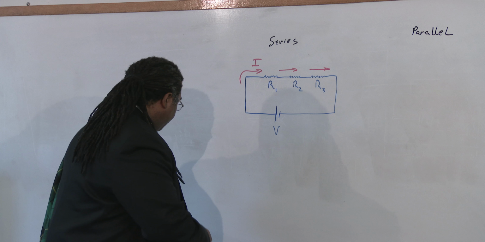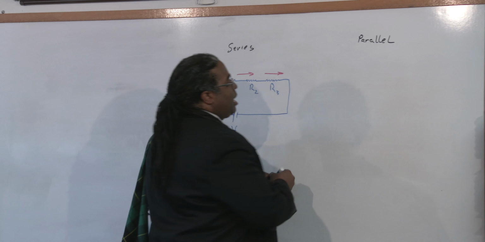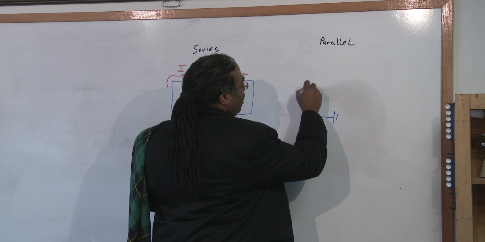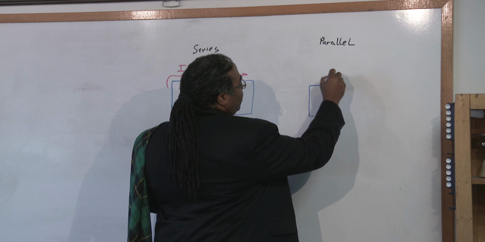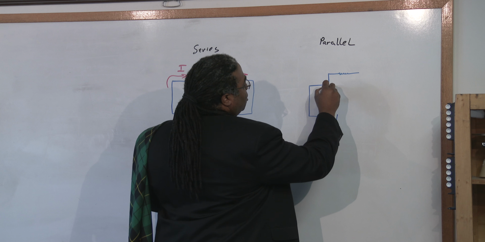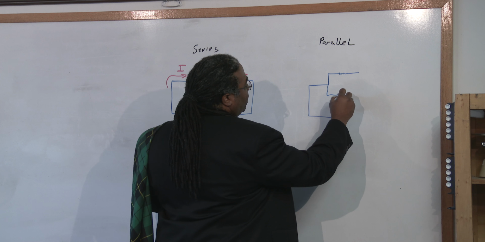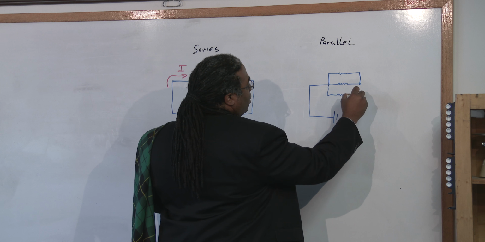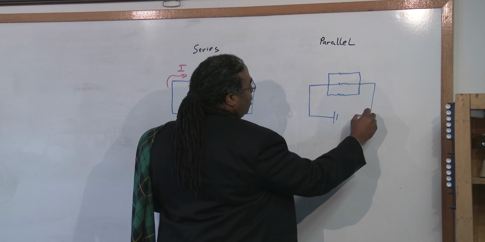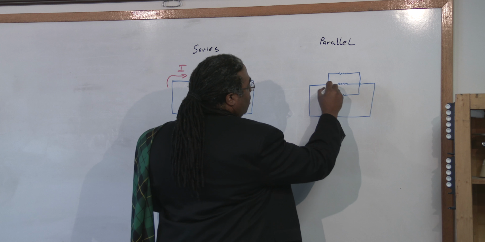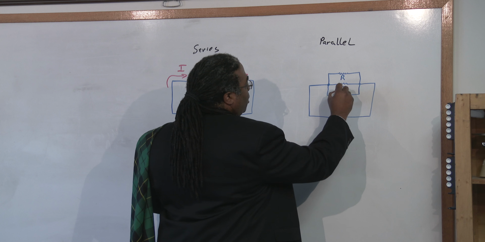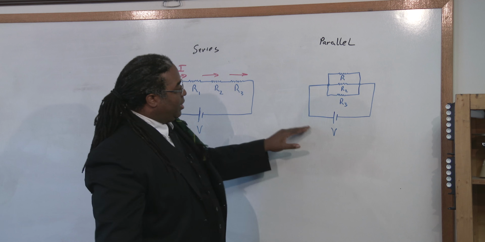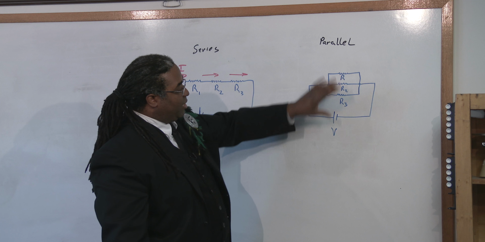Now, let's take a look at parallel. Parallel is a little bit more involved in terms of what you have to identify to meet the conditions. So let me draw a parallel circuit. R1, R2, and R3. So here we have our power supply. And then we have 3 resistors that are connected in parallel.